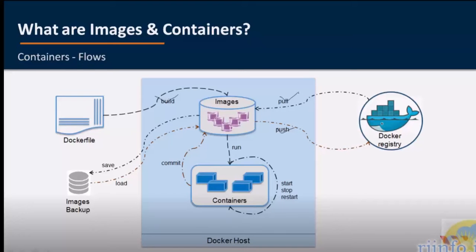There is yet another way to share images, which is to save the images as tarballs, which can be shared between systems. The image inside a tarball can then be loaded onto the local Docker host. It can further be used normally to run containers or to be used as a base for other images.